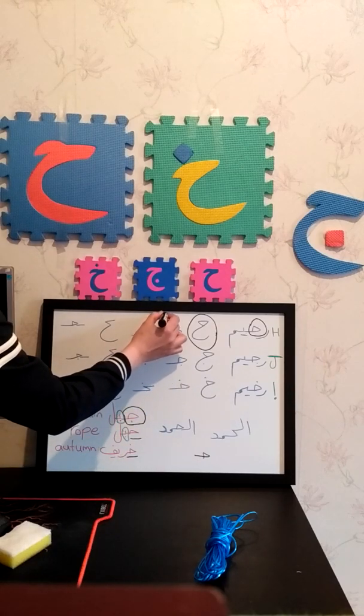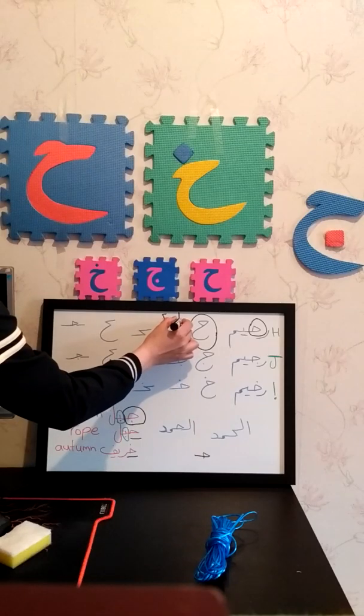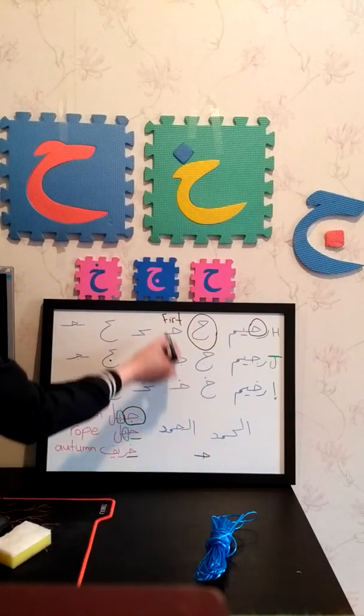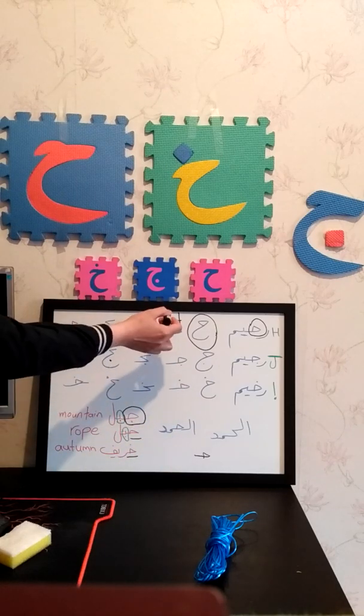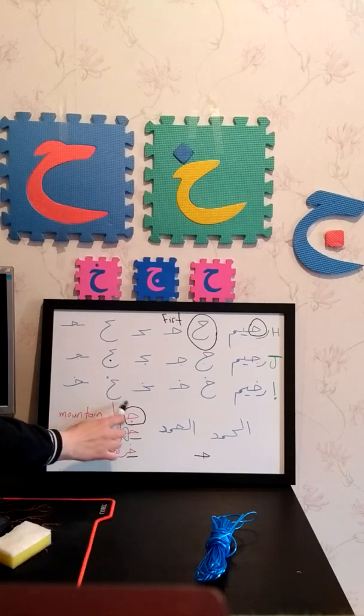I must say that when we want to begin a word with ha, jim or kha, we write it like this. It comes in the first, when you want to write a word.